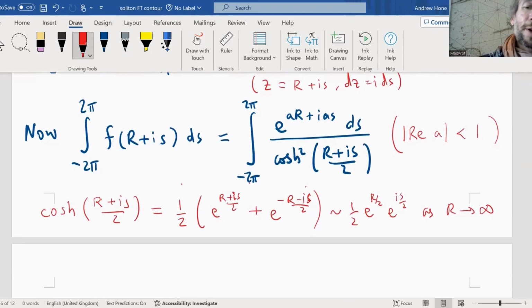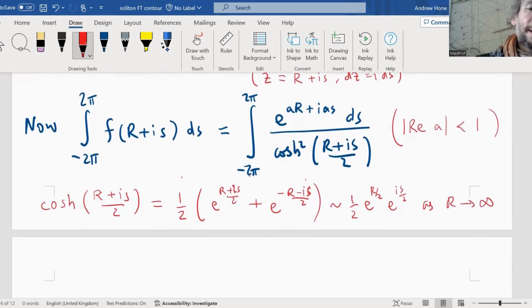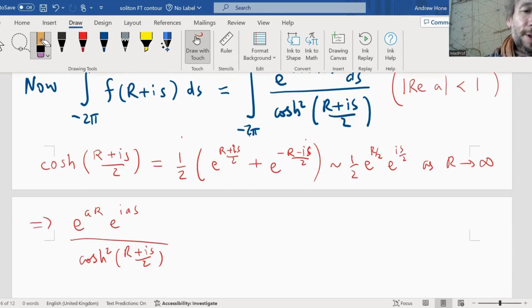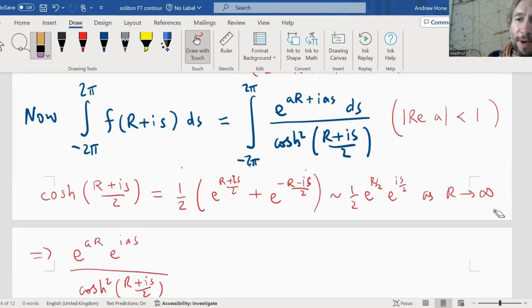So then if we look at the integrand here, then we see e to the AR, e to the IAS over cosh squared. So, okay, this ratio, which is the thing in this integrand above, what can we say about this function?